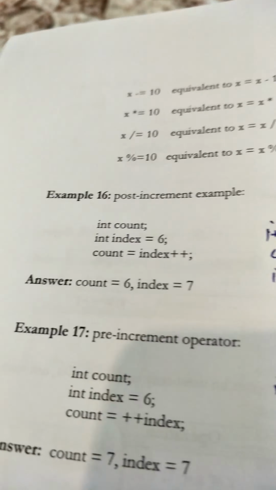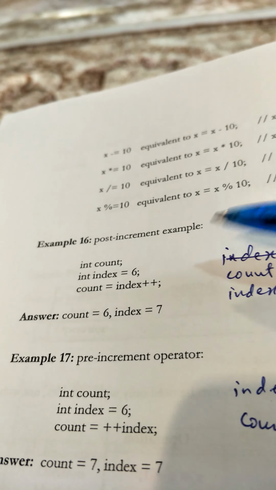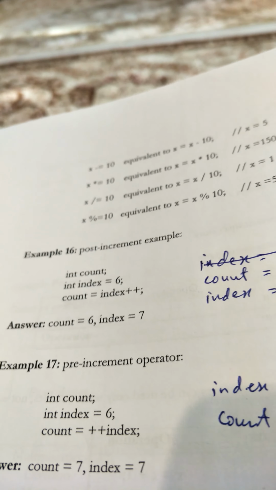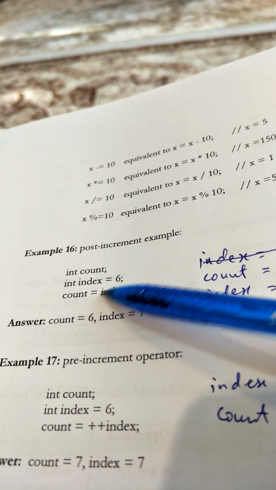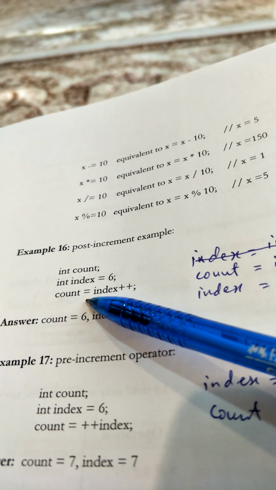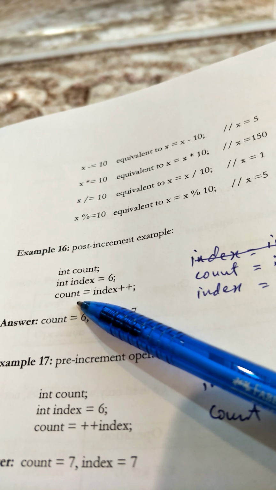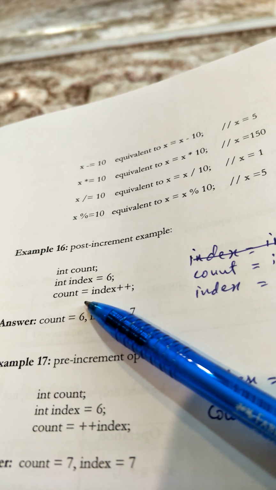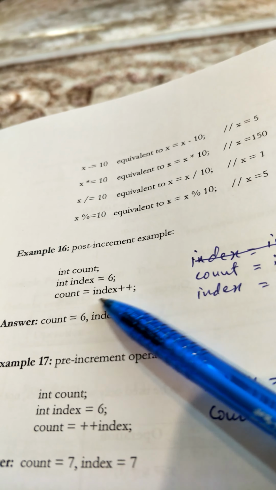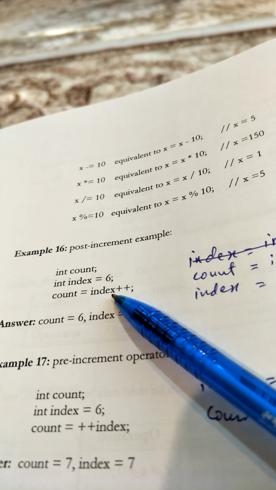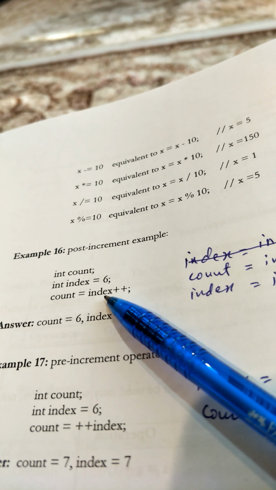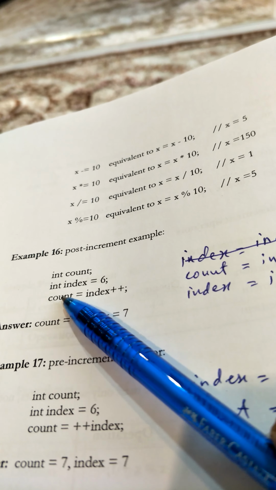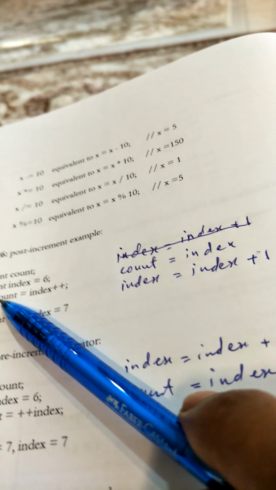Here we have what we call a post increment example. Integer counts, integer index, we give the value of index 6, and then after that we have the statement counts equal to index plus plus. So what does this mean? It means that we get the value of counts first.